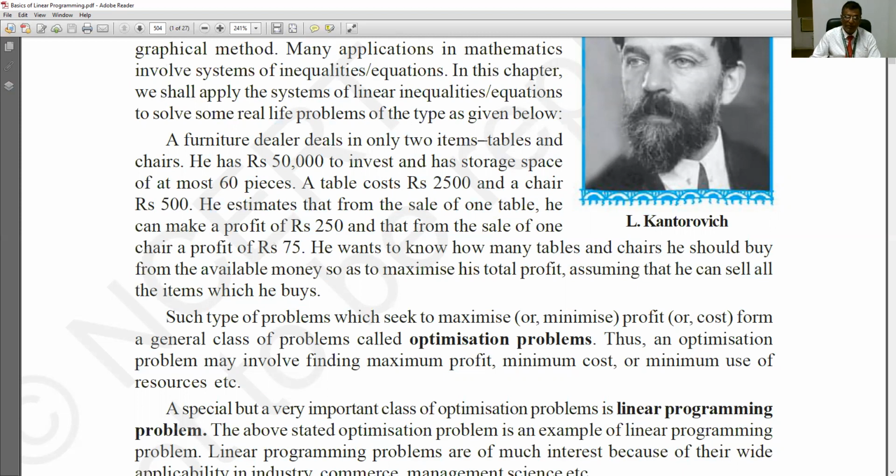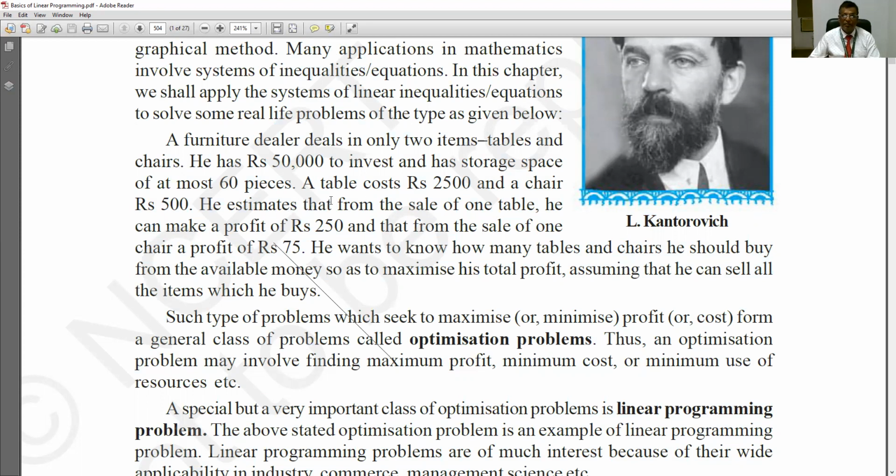A table costs rupees 2,500 and a chair costs rupees 500.